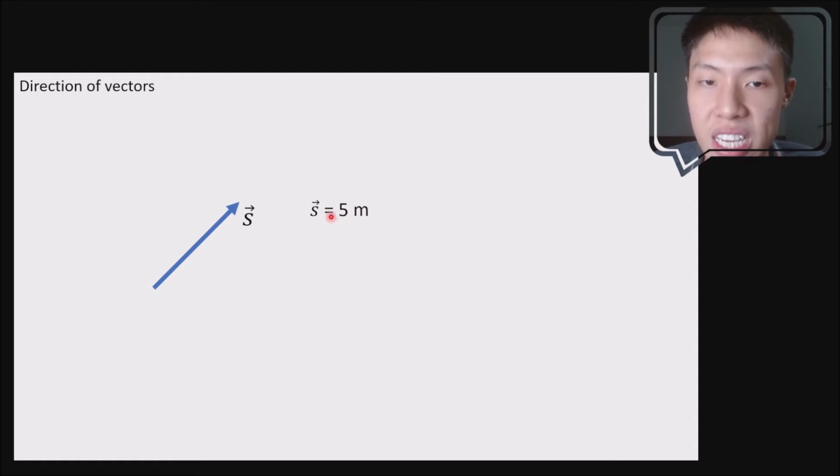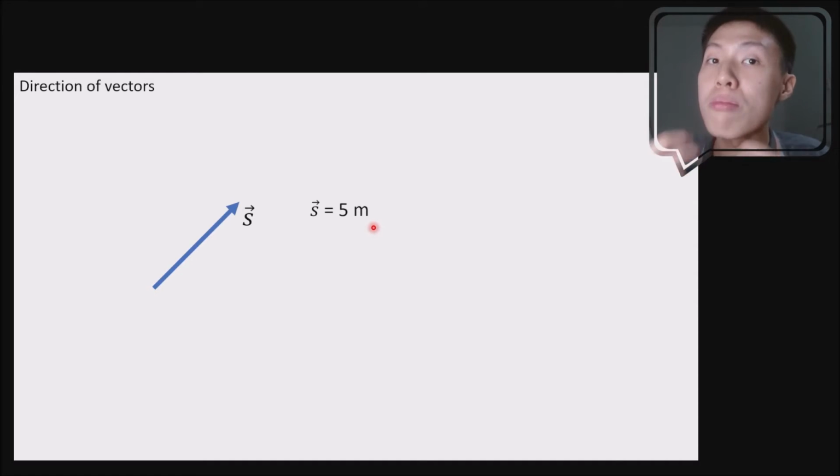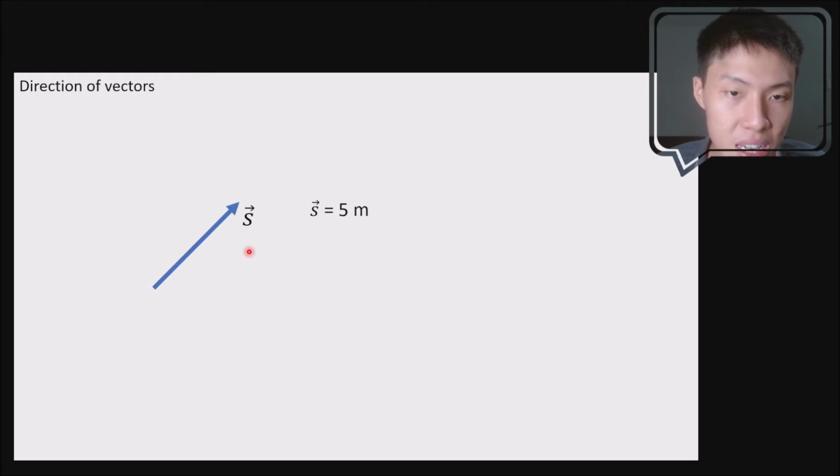But if I just write equals to 5 meter, I'm only stating the magnitude. What's missing? I'm missing the direction. So this statement is actually incomplete. I have to include the direction of the vector as well. And that's the main topic for today's video, how to determine the direction of vector.